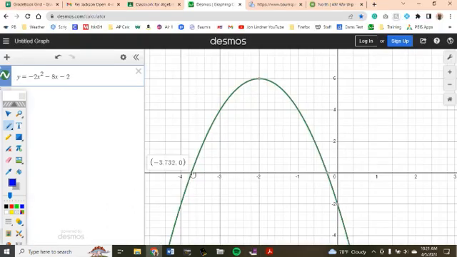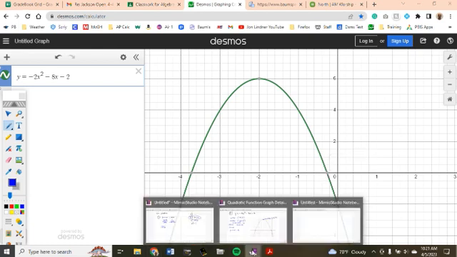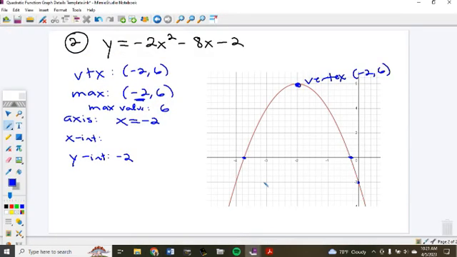So negative 3.73 and negative 0.268. Negative 3.73, that's this one here, and negative 0.268.